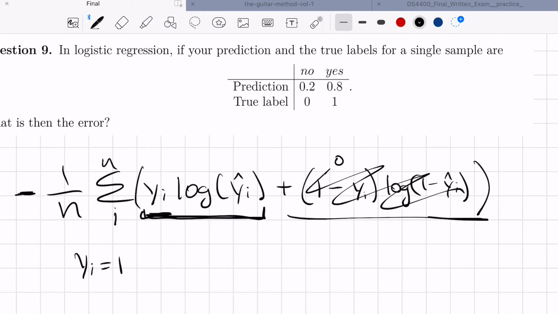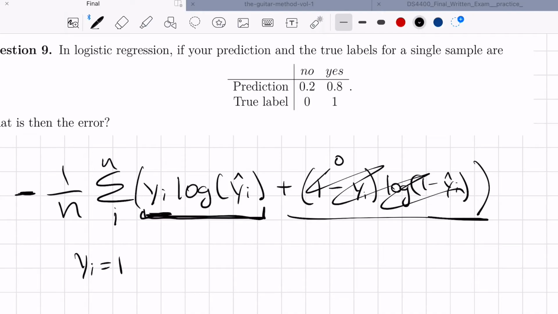If y_i is equal to 1 and our prediction y hat is really close to 1, we know log of 1 is 0. So if y_i agrees with y hat of i, then our error is basically 0.